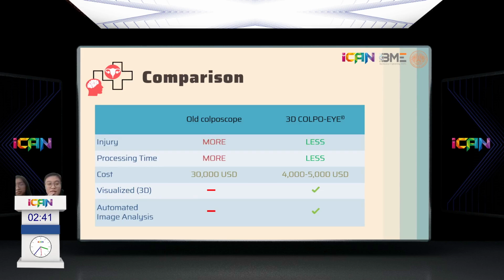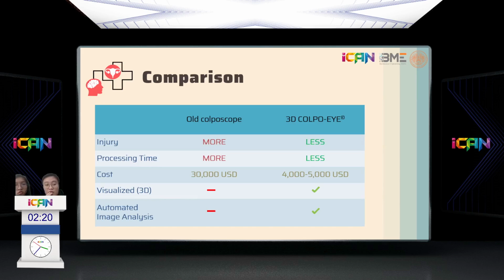And the last one is the comparison between the old colposcope and our 3D ColpoEye. First, we try to reduce the injuries during diagnosis to be less than the old one. For the processing time, we use artificial intelligence to help the doctor diagnose faster.